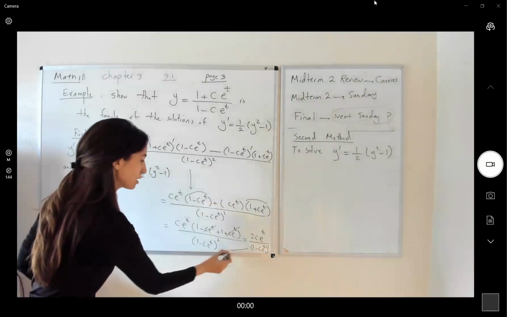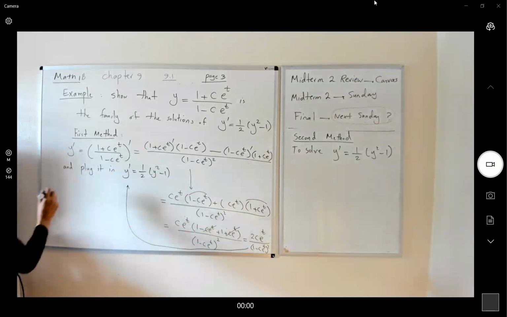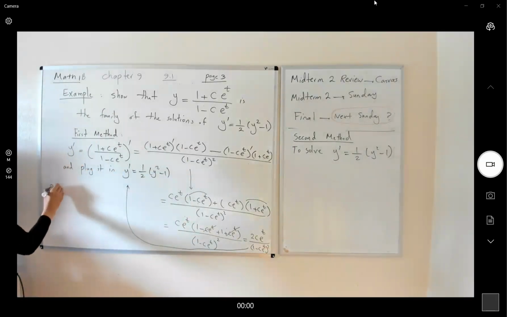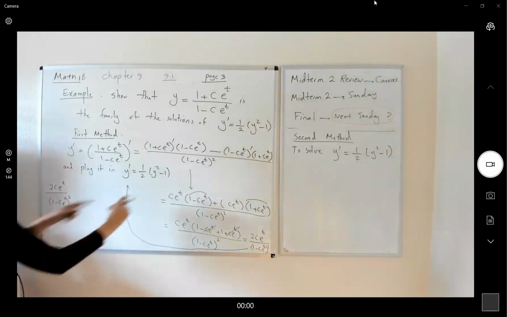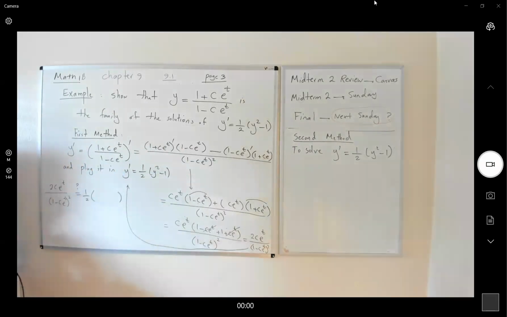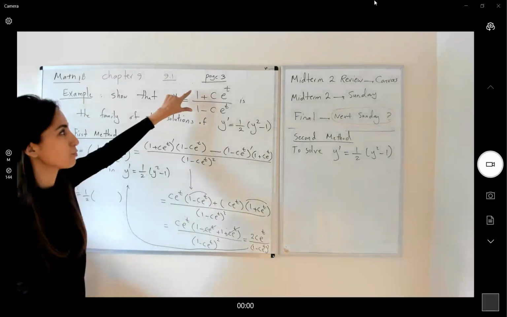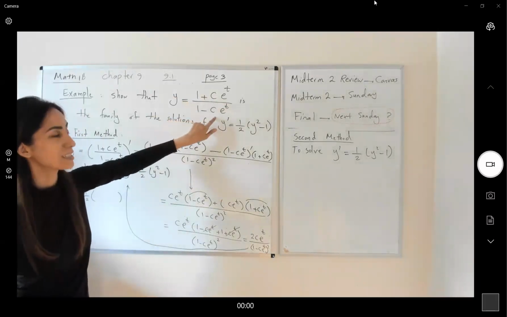We're going to take this and write it on the left-hand side. On the left-hand side, you have 2c e to t divided by 1 minus c e to t squared. On the right-hand side, is it equal to a half y squared minus 1? But what is y? y is 1 plus c e to t divided by 1 minus c e to t.